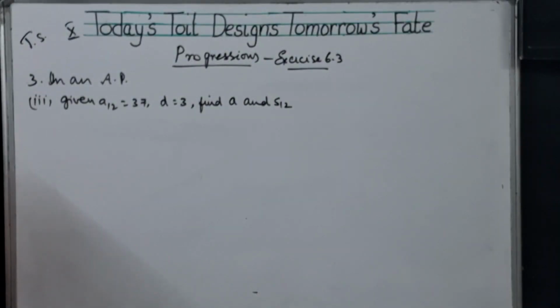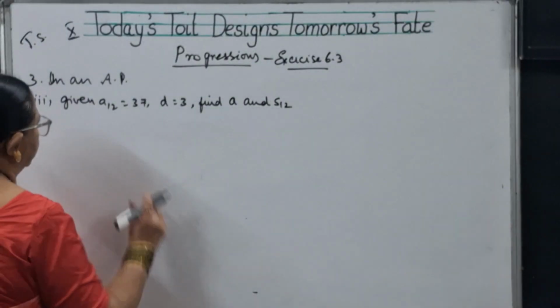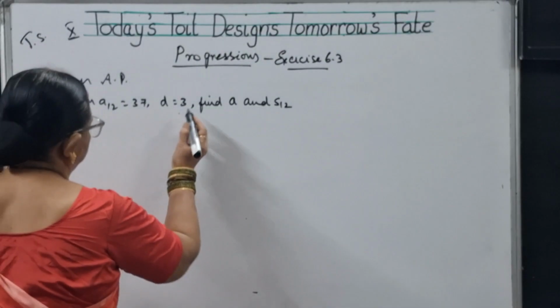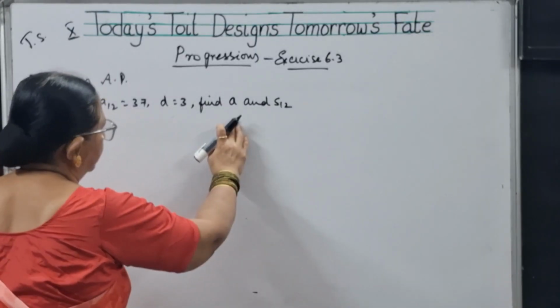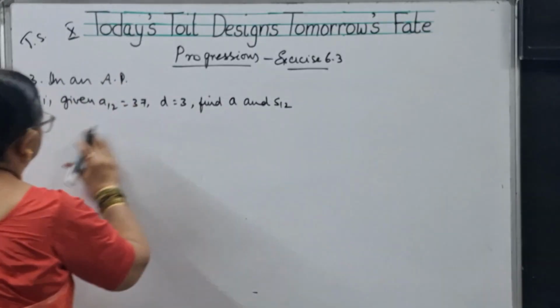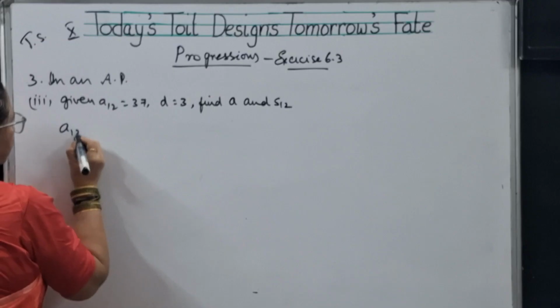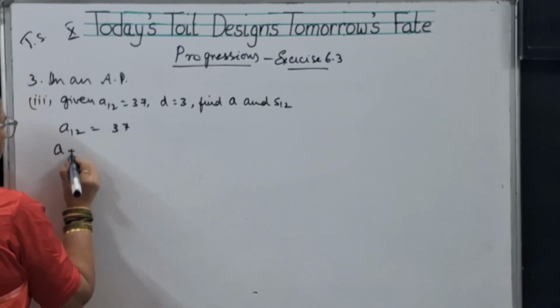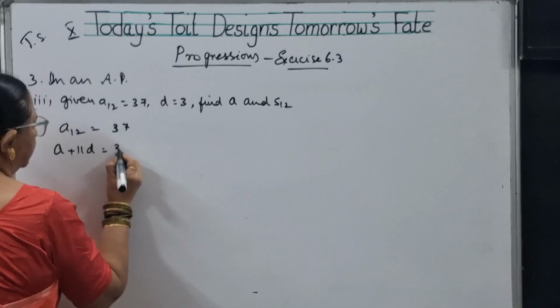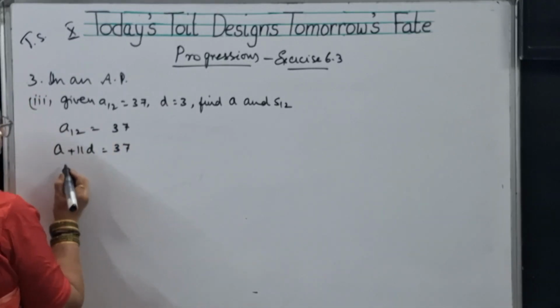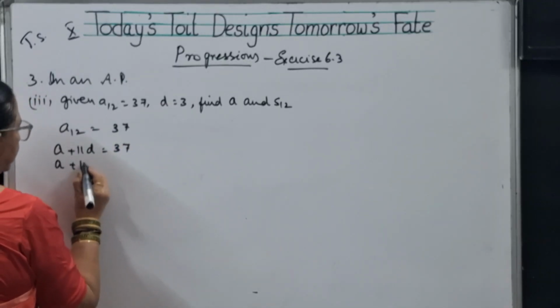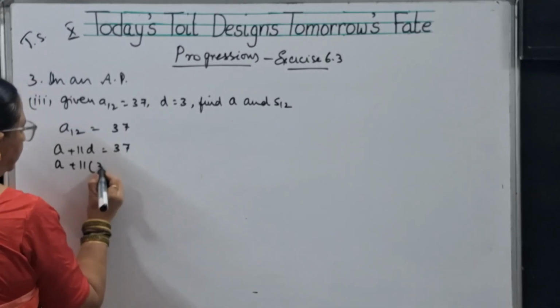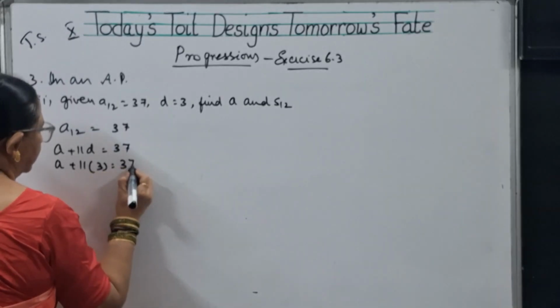Now third bit, children. Given A12 is equal to 37 and D is equal to 3, find A and S12. A12 is 37, they have given. A12 means A plus 11D is equal to 37. A we don't know, but 11 into D, D is 3, is equal to 37.